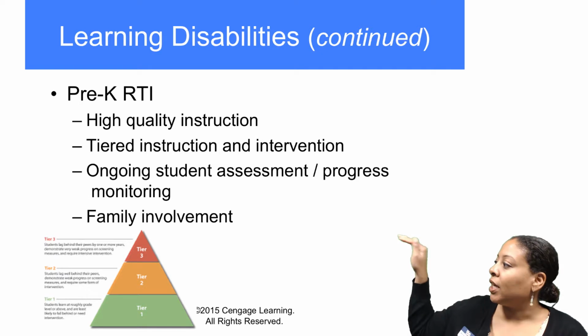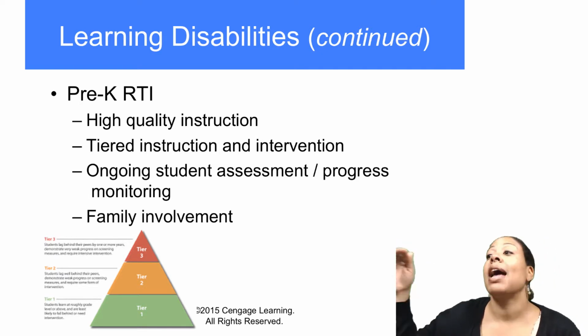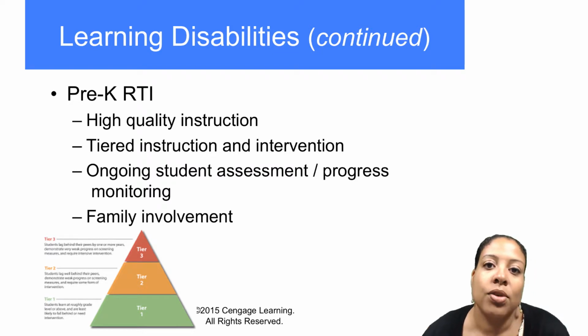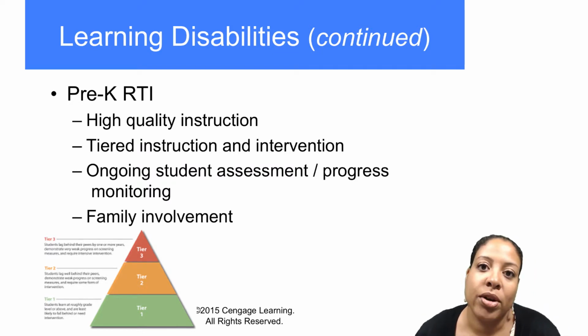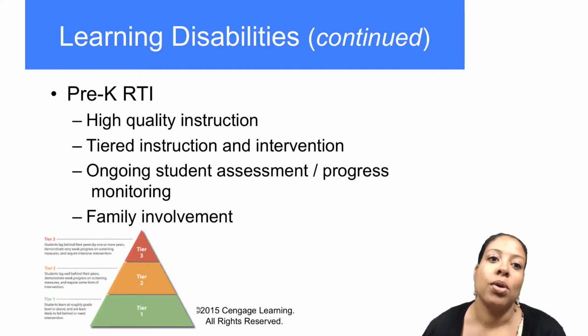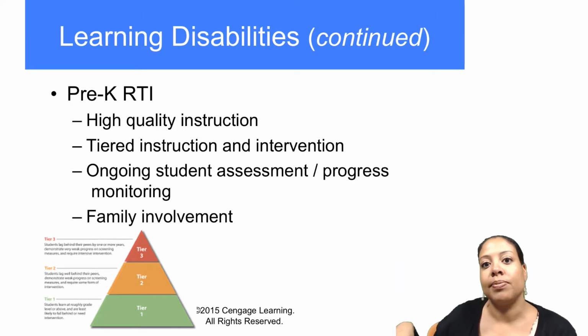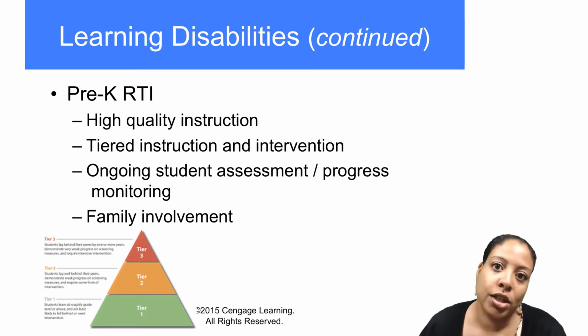And then the top tier are for the students who, even after tier 2, are still needing additional support. And so these are students who may lag behind their peers 1 or more years. And so you can see that with response to intervention, as the needs increase, the tiers increase. So if you're a tier 3, then you have higher needs than somebody who is at tier 1.